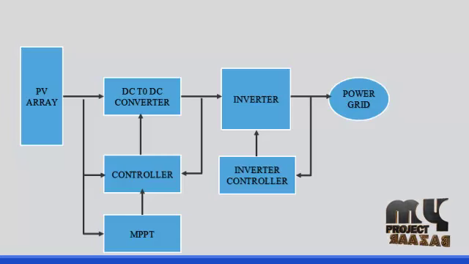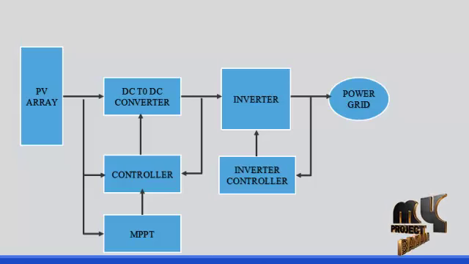Then the DC to DC converter boosts the voltage level from the solar output to the DC converter output. Then that voltage is fed into the inverter circuit, which performs DC to AC conversion. The inverter consists of 3 legs, each leg having 2 switches, and in total 6 power electronic switches are connected in the inverter circuit.